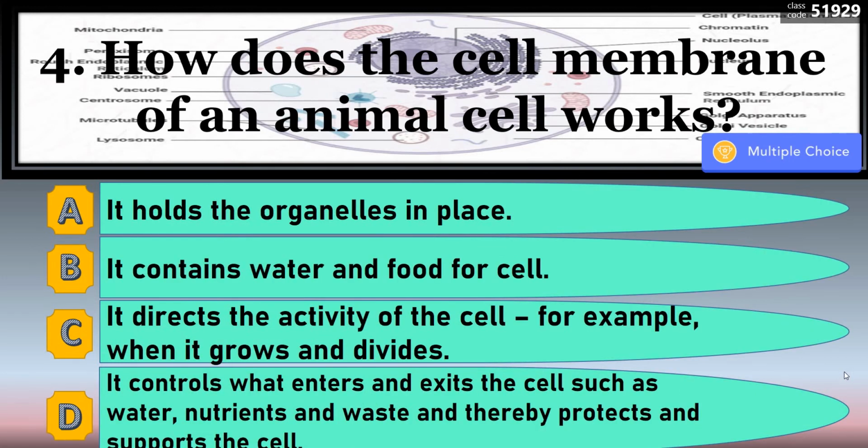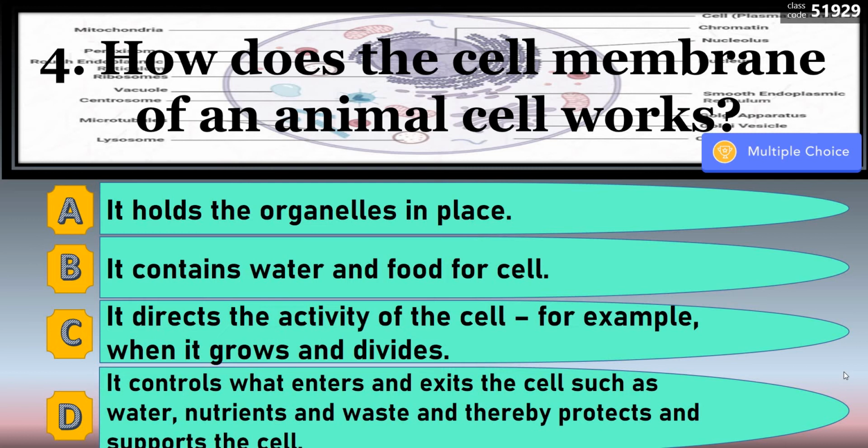Let's proceed with number 4 question. How does the cell membrane of an animal cell work? A. It holds the organelles in place. B. It contains water and food for cell. C. It directs the activity of the cell, for example, when it grows and divides. D. It controls what enters and exits the cell, such as water, nutrients, and waste, and thereby protects and supports the cell.